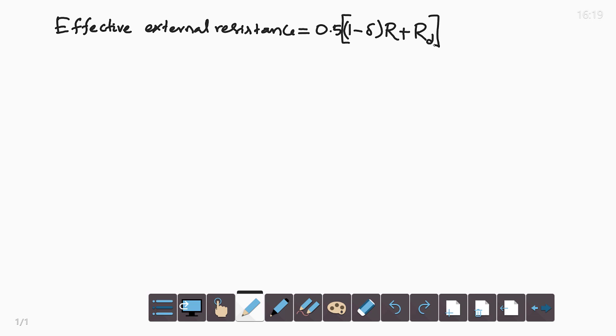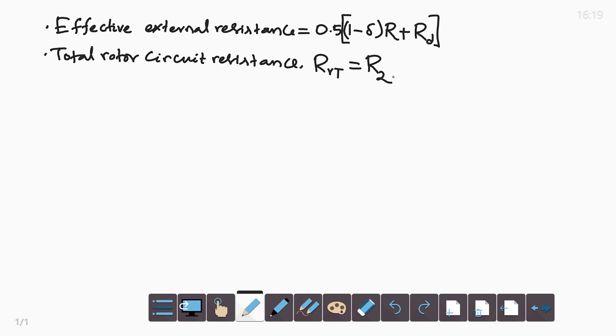And total rotor circuit resistance, let us write it as R R T, is rotor winding resistance R 2 plus 0.5 into R d plus 1 minus delta into R per phase.